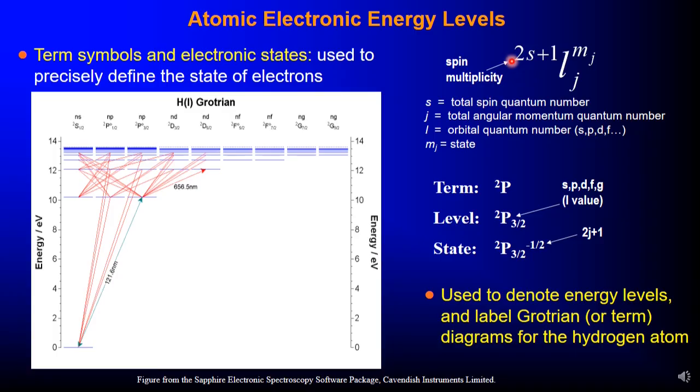The S in the formula stands for total spin quantum number. The J here stands for total angular momentum quantum number. Then we have the orbital quantum number, which is this one here. Then we have MJ here, which is the state. Those can be well understood if a lecture is done specifically for that.